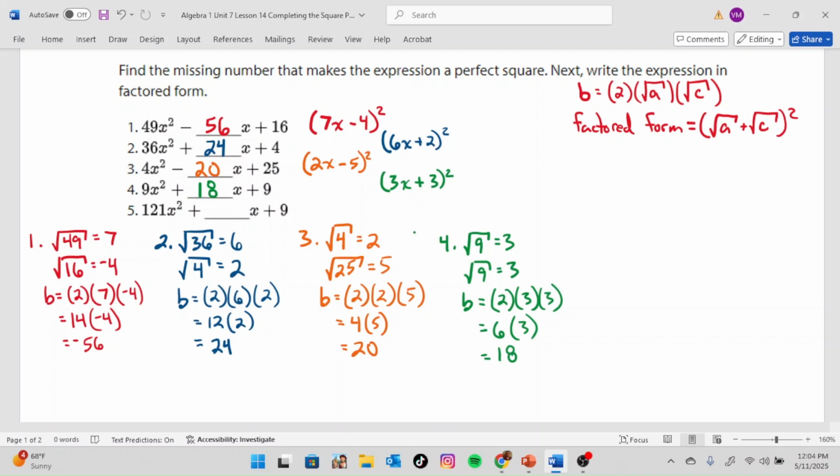Let's check our answer. 3x times 3x gives us 9x squared. 3x times 3 gives us 9x, and 2 of them gives us 18x. Then 3 times 3 gives us 9, so 18 is the correct missing number, and 3x plus 3 squared is the correct factored form.